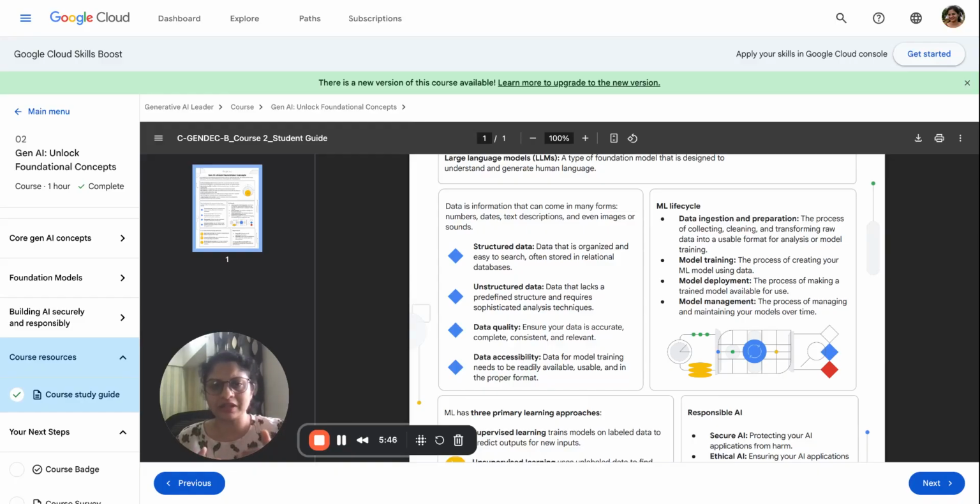Structured data is data that can be organized and is easy to search, and is often stored in a relational database. Examples are an employee ID, a name, or some name-value pairs. Unstructured data lacks a predefined structure and requires sophisticated analysis techniques.